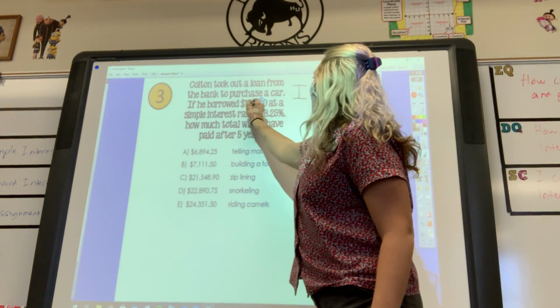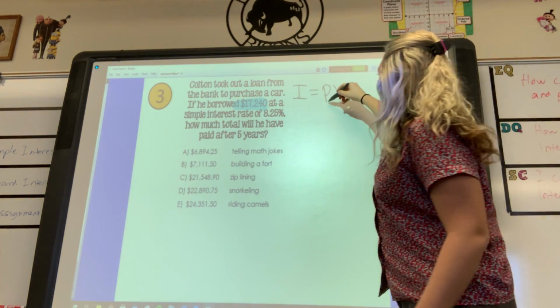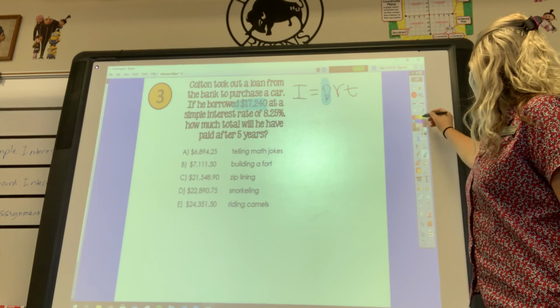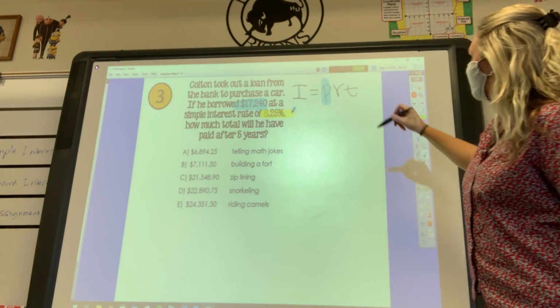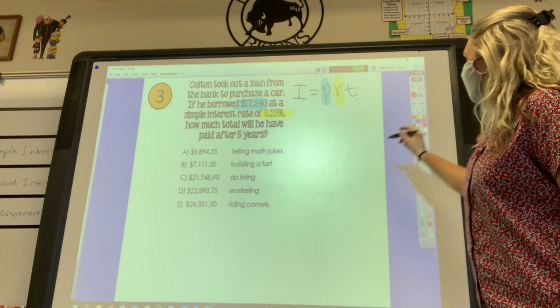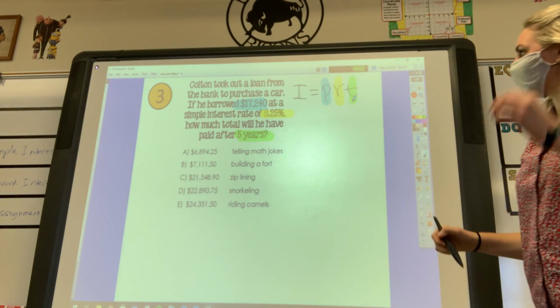So he borrowed $17,240. That's going to be our principal amount. We then have a simple interest rate of 8.25%, which will go in our rate category. And we have our time of 5 years, which will go in our time category.